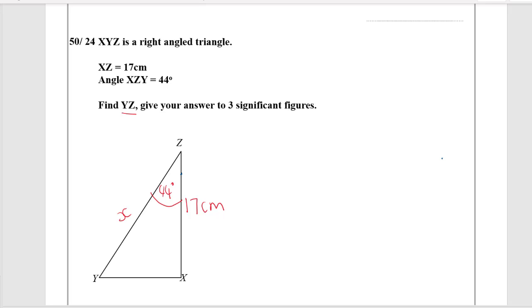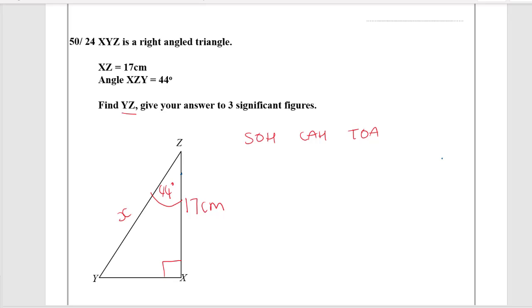Now we can see there's an angle involved, there's a right angle triangle, so we're going to use SOH CAH TOA. So we're going to use one of these formulae. So let's label the sides first.